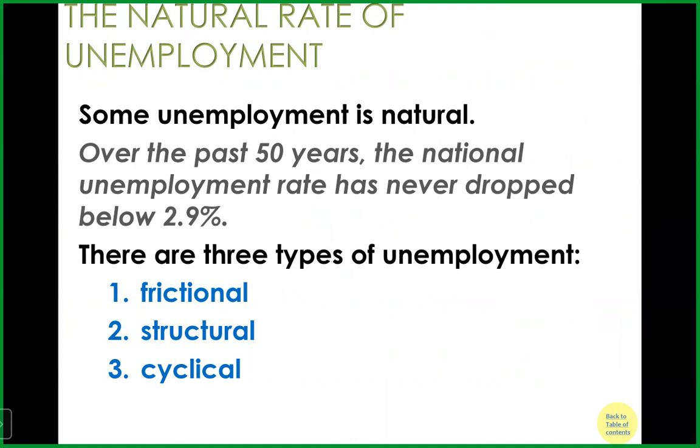Largely because some unemployment is natural, but now we need to understand what that means. So we need to further categorize unemployment into different categories. And we find there are 3 types of unemployment. Now I need to explain them one by one.